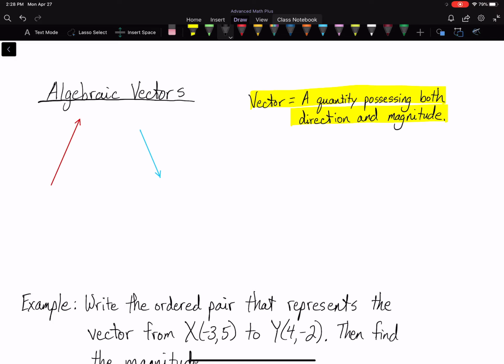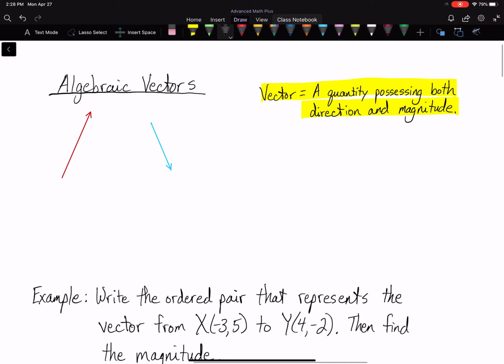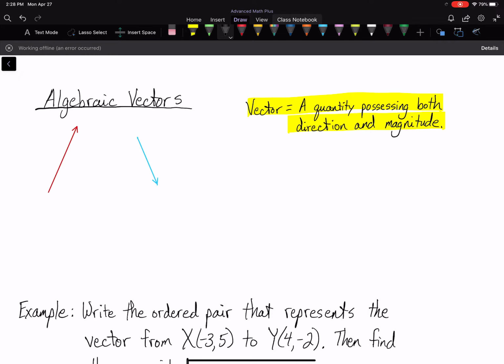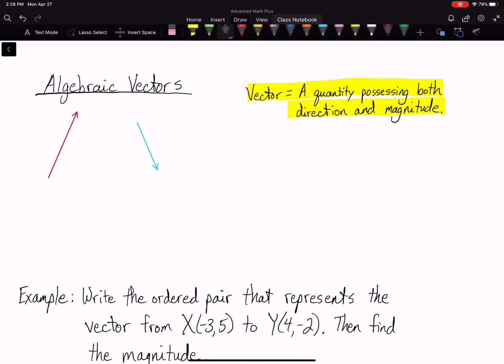So here we have the red arrow indicating a vector and the blue arrow indicating a vector, and the direction is the direction they're going in, and most of the time we measure that in degrees. At what angle is the vector traveling, and the magnitude is measured by how long the vector is, like we just measure it.